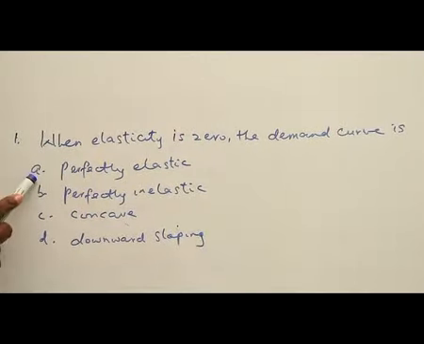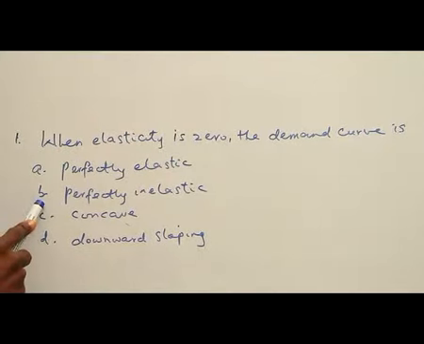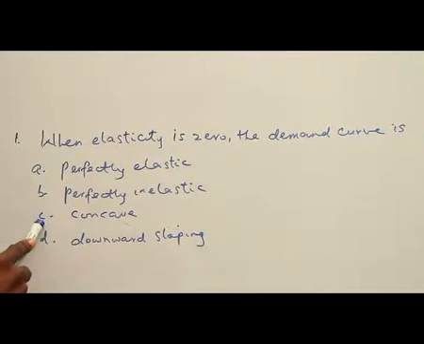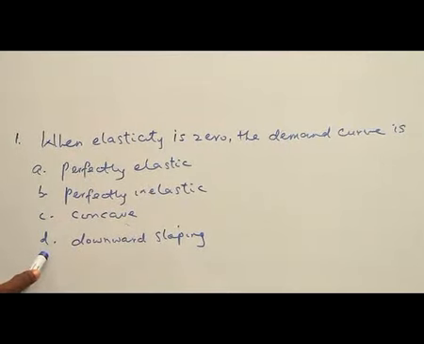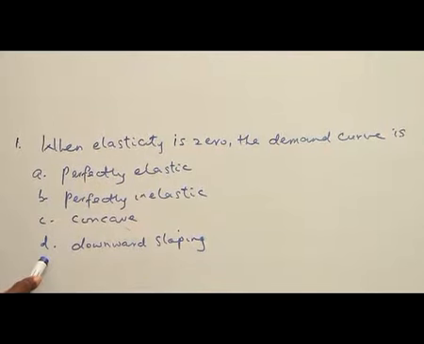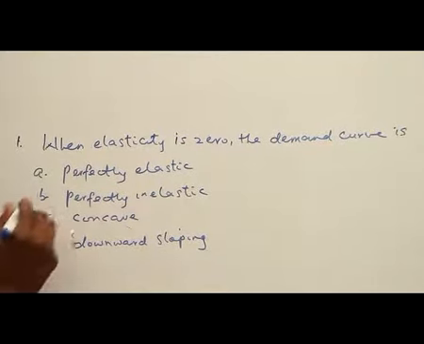Perfectly elastic demand indicates fixed price, change in quantity demanded. Perfectly inelastic indicates fixed quantity but changes in price. C, concave, is not related to this. D, although the demand curve is downward sloping, we are talking about elasticity in this situation. So zero elasticity of demand indicates perfectly inelastic demand. The right answer is B.